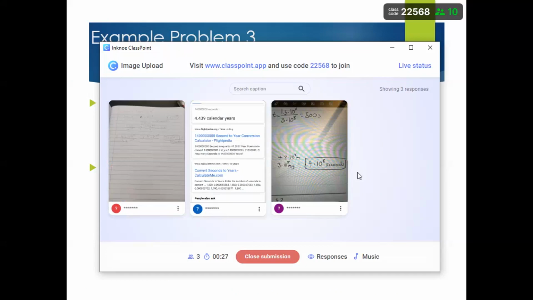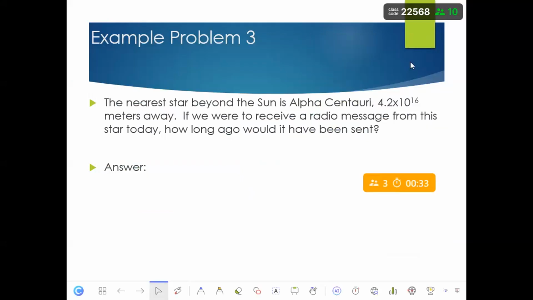Here in this question, it's telling us the nearest star beyond the sun is Alpha Centauri, 4.2 times 10 to the power of 16 meter away. If we were to receive a radio message from that star, how long does it take?